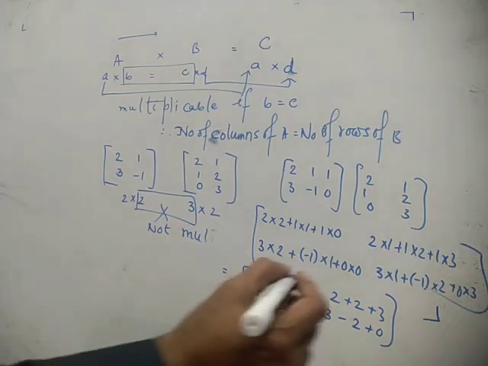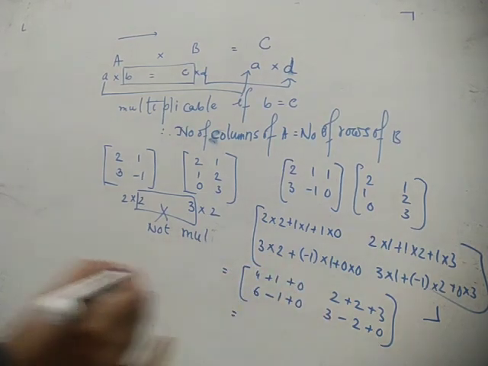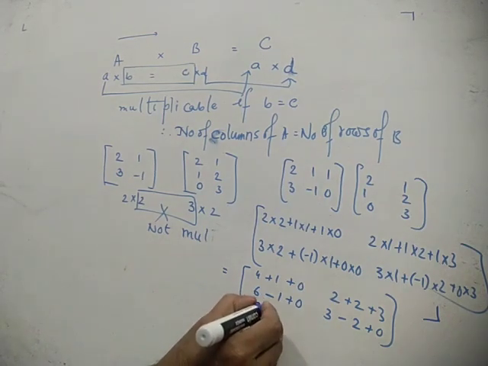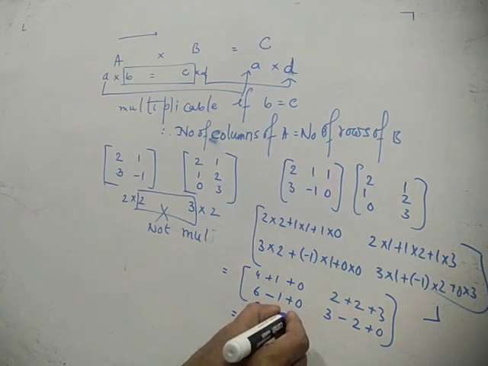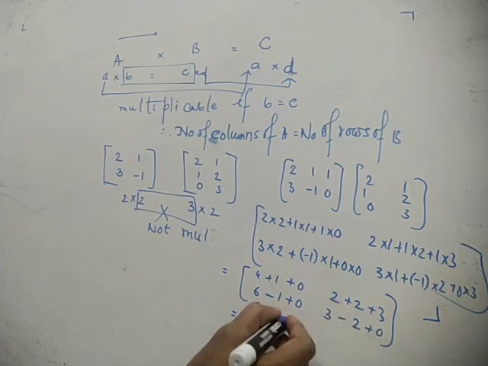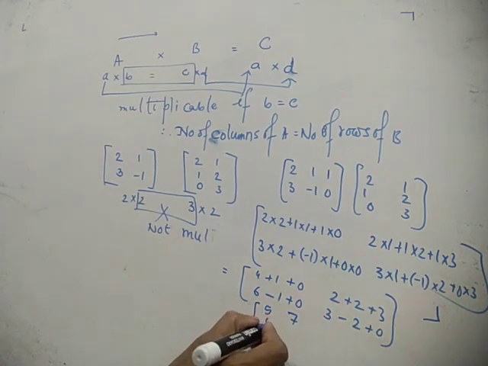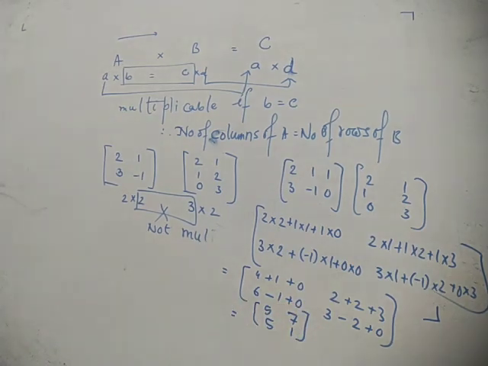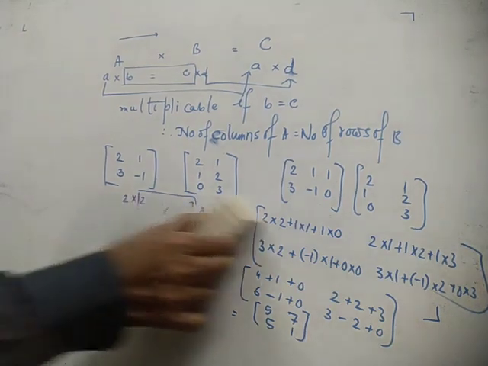We just need to give it a final shape, that it will be 5 7, 5 1. So these are the elements we are getting. The original two matrices, the first one is 2 by 3, the second one is 3 by 2. So the order of the new matrix will be 2 by 2.